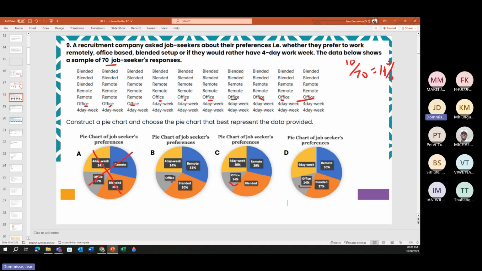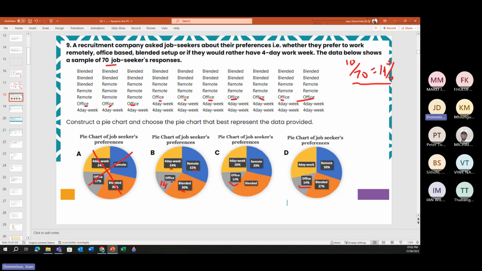So we can work it out by saying 100 minus 24 minus 52 minus 50. So that is also 14. With that, just that one, we eliminated one and three of the rest is left.